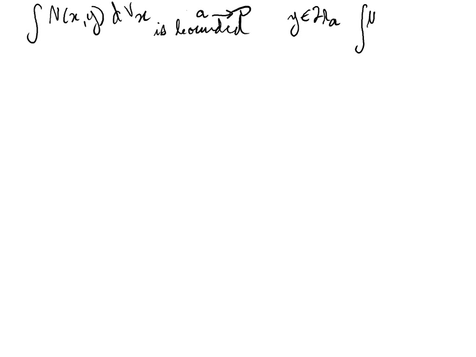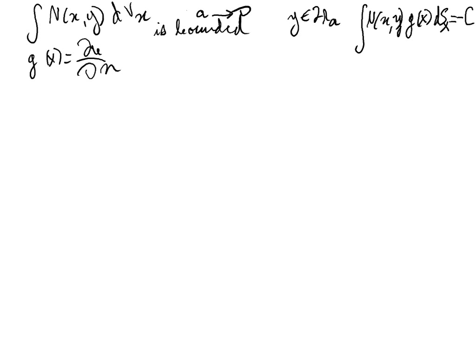It is the integration of the Green's function n of x and y times j of x dsx. I call j of x the flux, which is du dn. This has to be equal to minus the constant.